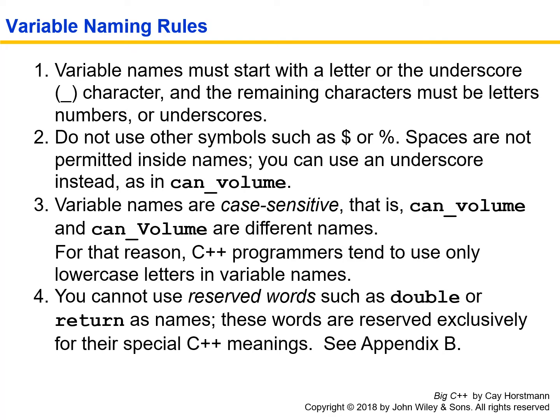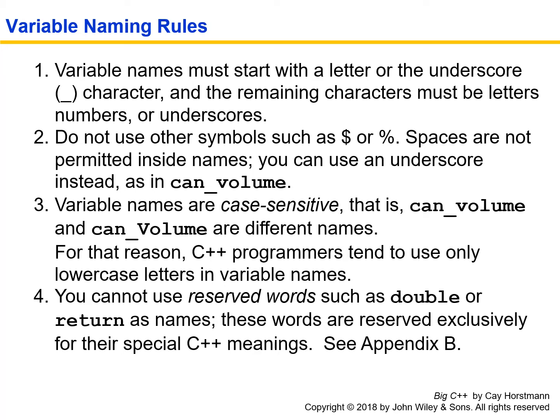You can't use any of the special symbols on the keyboard, the ones that you get by hitting shift and any of the number keys, or any of the punctuation marks or anything like that. You can't put spaces inside a name. That's why they allow the underscore character, so that you can, can volume has an underscore character to tie the word can and the word volume together.